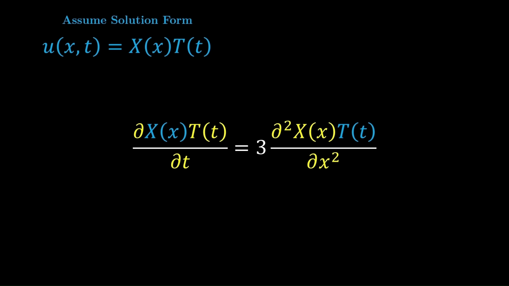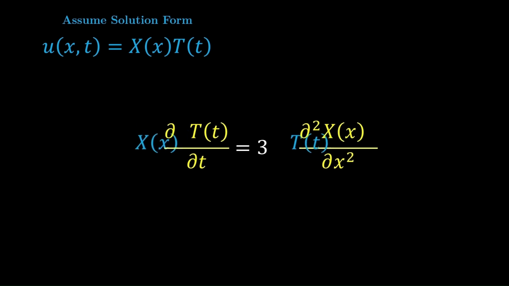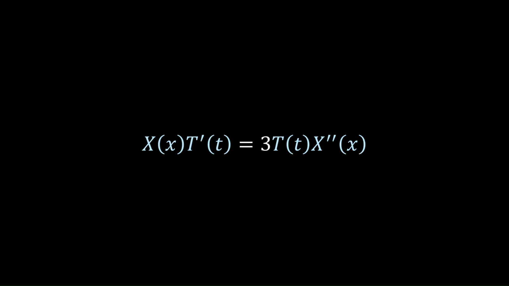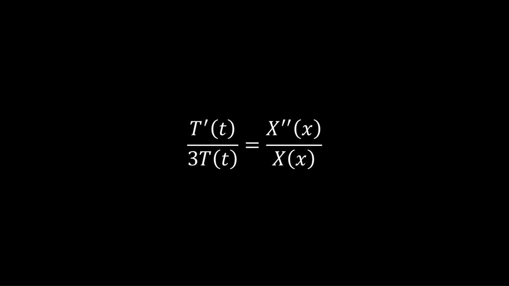We can pull out the functions unaffected by the partial derivative operators and rewrite the derivatives using the prime notation, since now they become exact derivatives of capital T and capital X. We can then rearrange factors, putting all functions of t on one side of the equation and all functions of x on the other side.